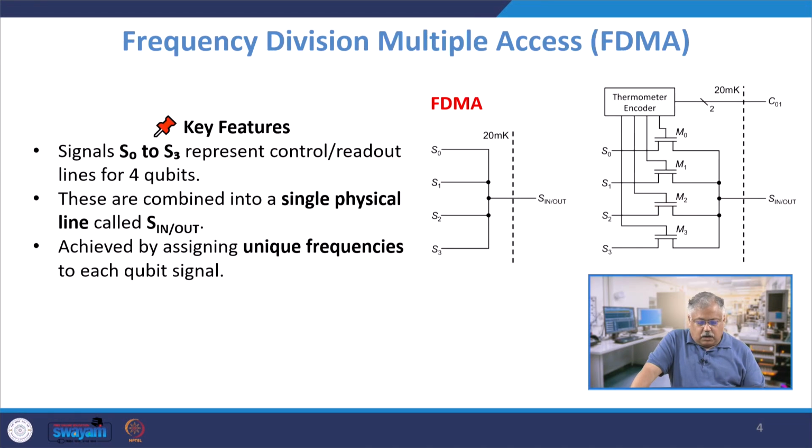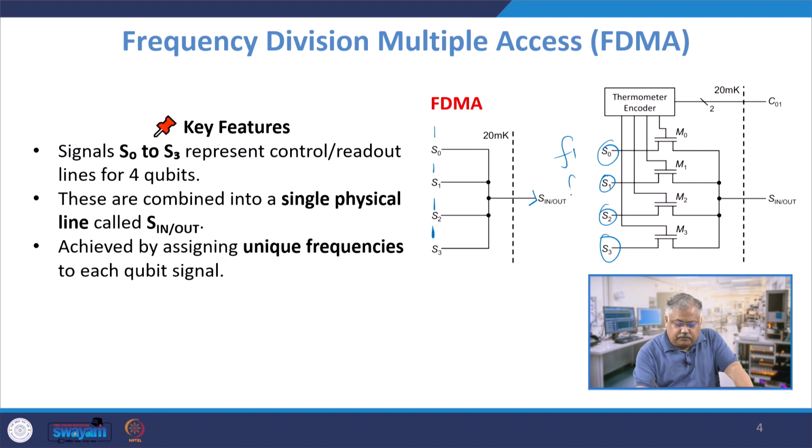Now, let us look at frequency division multiple access in a much more detailed manner. The key features are that, let us suppose, these signals have unique frequencies. I can use it by doing multiplexing, though this one is just a repetition of the earlier slide. I wanted to show you that S0, S1, S2 and S3, let us suppose, belong to F1, F2, F3 and F4.